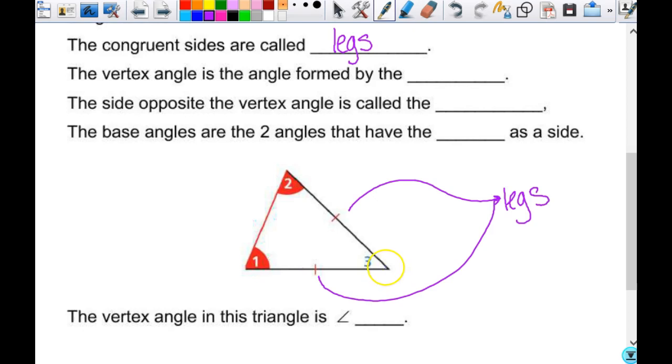Since this is the vertex of the triangle, this angle right here is the vertex angle. Vertex angle. Okay, so all of the vertices have angles, but that's the vertex angle. That's meaning kind of like the top of the triangle, even though it's laying down. It's not really the top, but the vertex angle is the angle formed by the legs.